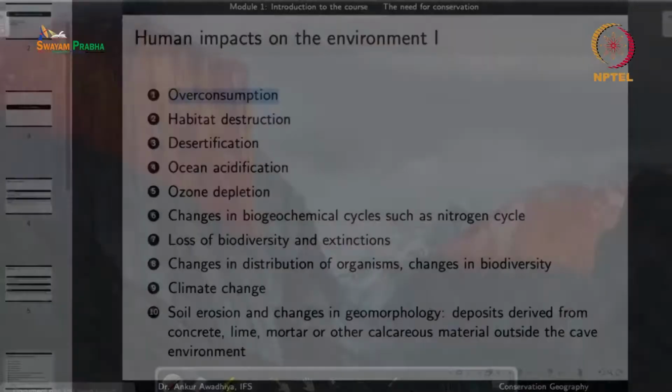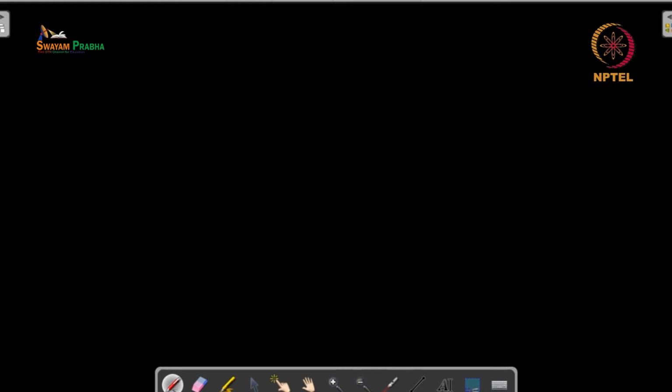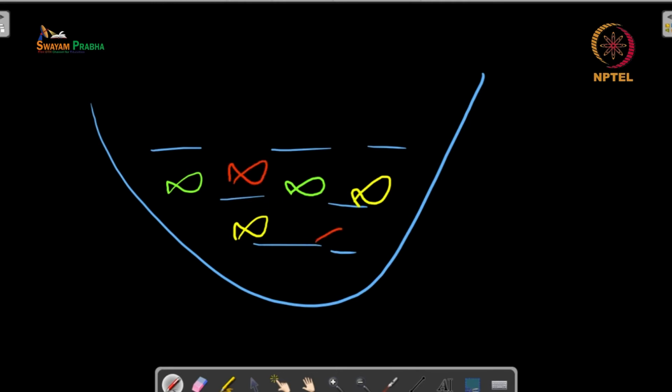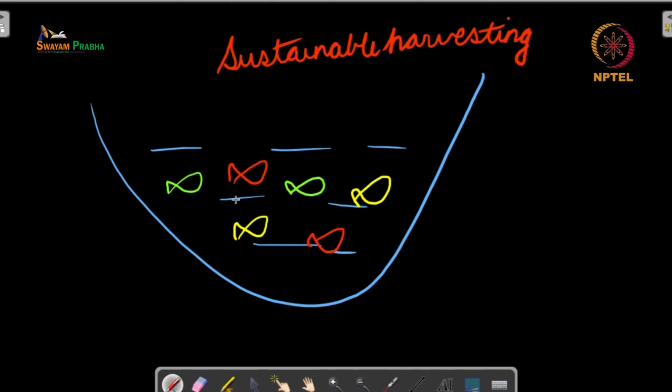Now, if you consider the example of, say, a pond. In a pond, you have water and you have several fishes. Now, humans are taking out these fishes for food. If we take out the fishes in a sustainable manner, so if we do a sustainable harvesting, it would mean that we take out a few fishes.